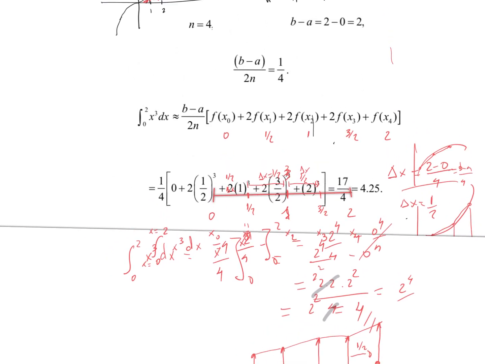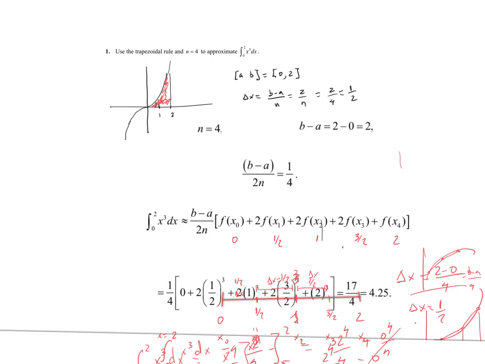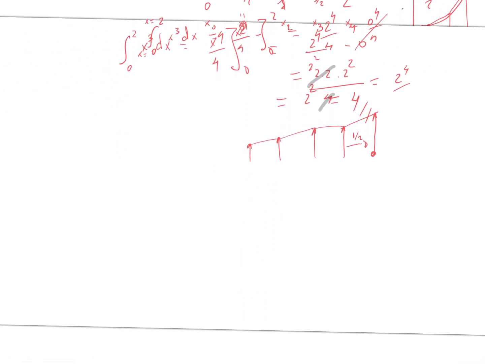Why is that? Well, if you connect the points, let's do it here. This is the function x cubed. If you connect the points, you see this is the 1/2, and this is the 1.